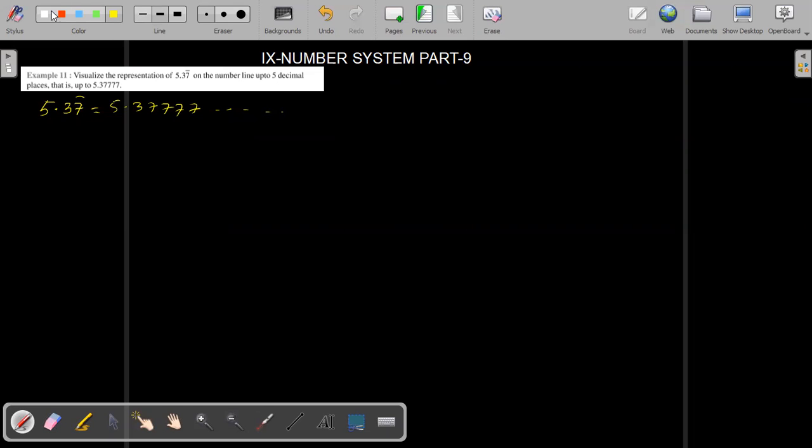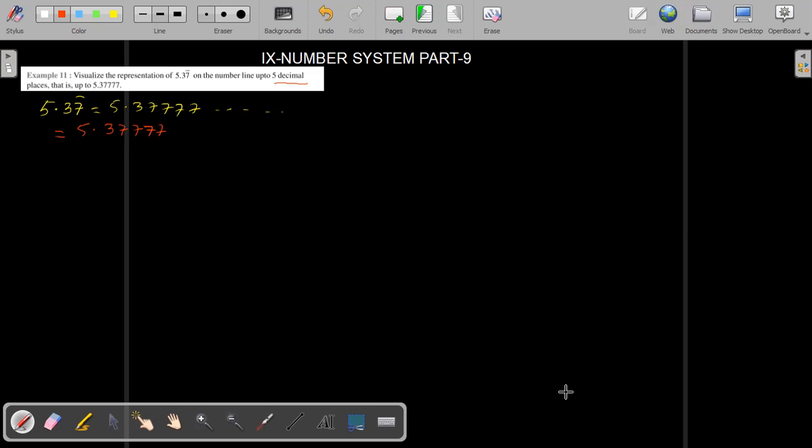So this question we are taking where we have to represent it up to 5 decimal places, means after the decimal, 1, 2, 3, 4 and 5 places.